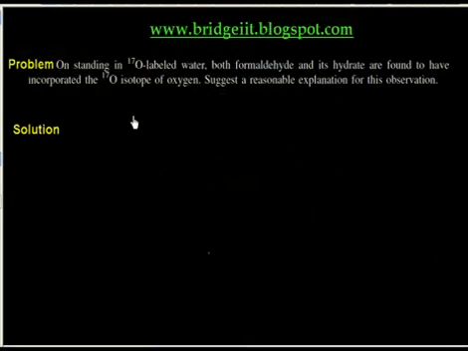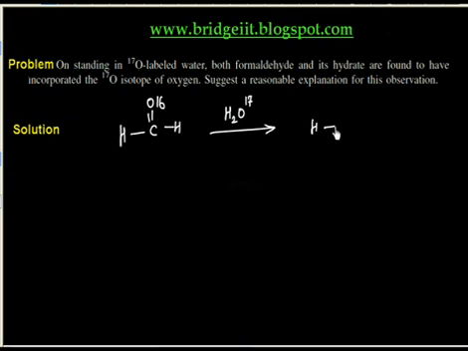Now this question says we have formaldehyde. So formaldehyde is given, HCOH, and initially it contains oxygen 16. Now if this formaldehyde is treated with water, and the water contains oxygen 17, labeled oxygen, now you have the hydrate, OH, OH, and this oxygen 17.